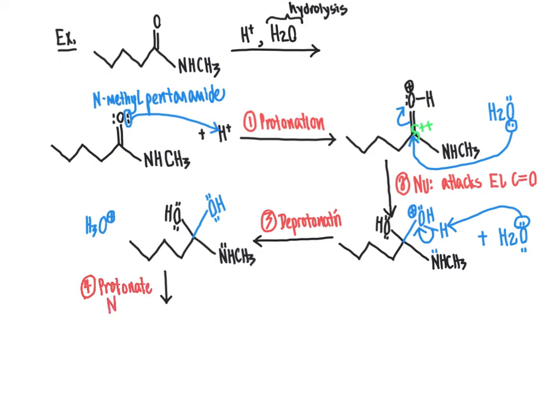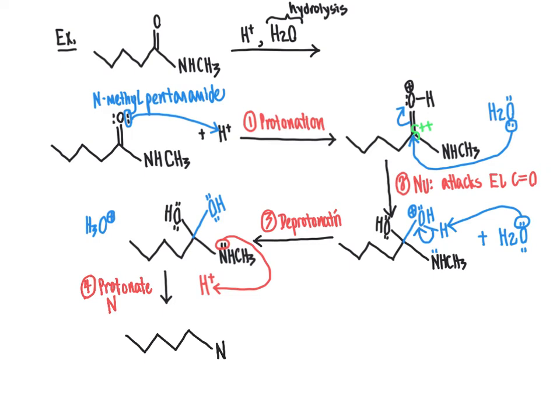So we're going to protonate the nitrogen. So we'll go ahead and show that nitrogen protonation happening by bringing in our acid. So I'm just going to use H plus as my acid here. Nitrogen acts as the base, grabs a proton from whatever acid you're using, and that's going to lead us to our next intermediate here.